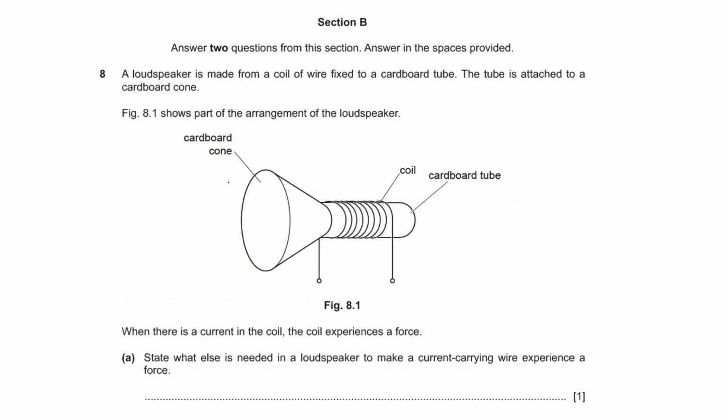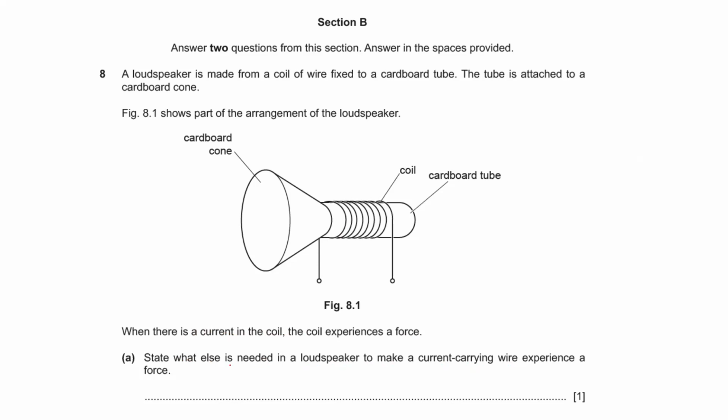So question number 8 says a loudspeaker is made up of a coil of wire fixed to a tube. The tube is attached to a cardboard cone. Figure 8.1 shows the arrangement of the loudspeaker. When there is a current, the coil experiences a force. State what else is needed in the loudspeaker to make the current carrying wire experience a force.